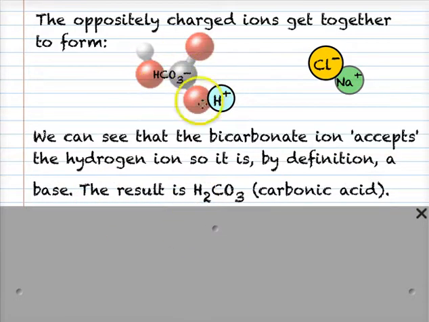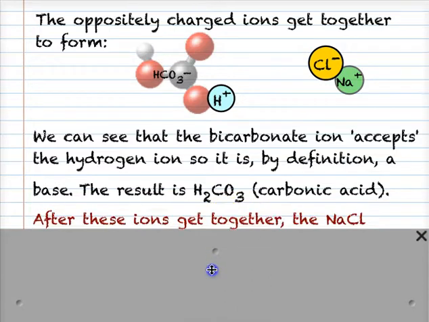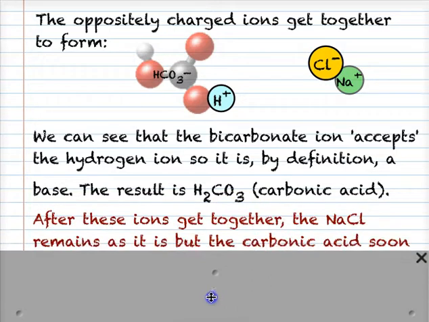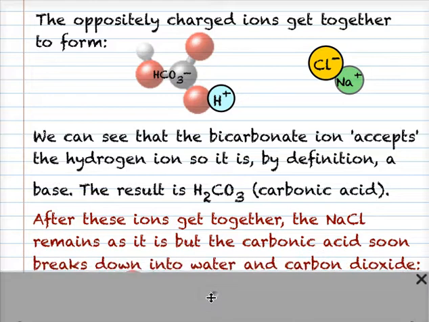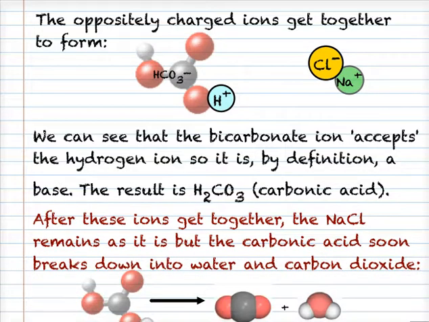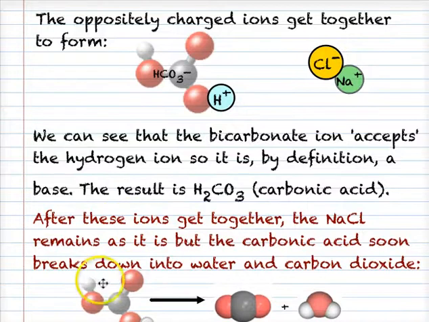So the result here, this is called carbonic acid, but carbonic acid isn't very stable, we could say, and it soon breaks down into water and carbon dioxide. So we can see here that the carbonic acid turns into carbon dioxide and water.